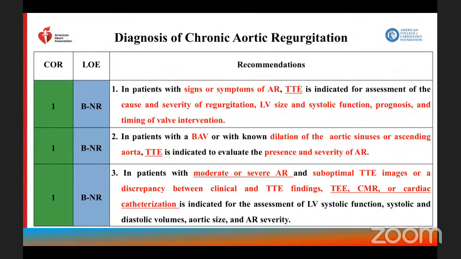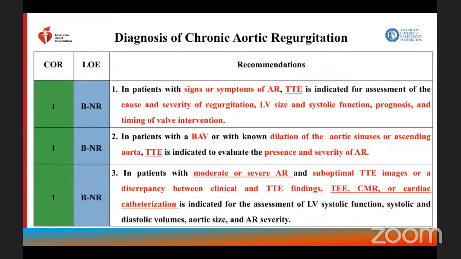To diagnose chronic aortic regurgitation, in a patient with signs or symptoms of AR, transthoracic echo is indicated for assessment of the cause and severity of regurgitation, left ventricular size and systolic function, prognosis and timing of valve intervention. It's a class 1B. In a patient with bicuspid aortic valve or dilatation of the aortic sinuses or ascending aorta, transthoracic echo is indicated to evaluate the presence and severity of aortic regurgitation, class 1B.